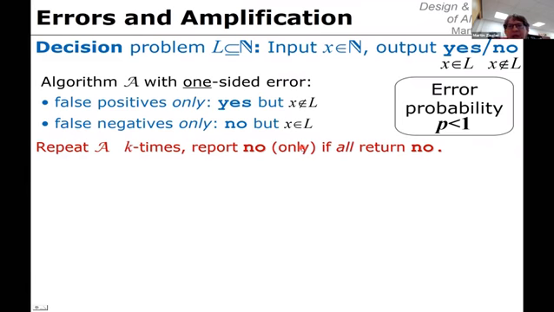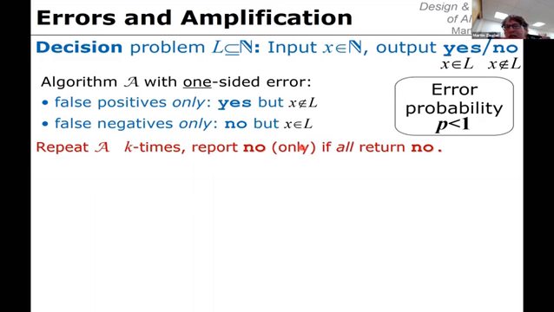And the question is, what is the probability of our meta algorithm to give the incorrect answer, no? For this to happen, all k executions of the original algorithm must also have made an error. If any of the k executions gives the correct answer yes, then our new algorithm will also give the correct answer. Or put differently, for our new algorithm to give the wrong answer, it is necessary that all k executions give the wrong answer.